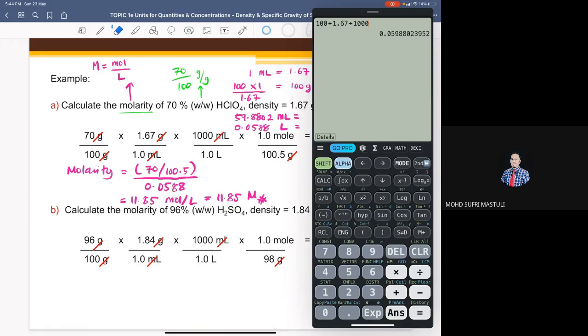Okay, I think the mistake is here. This should be 0.0599 liter.